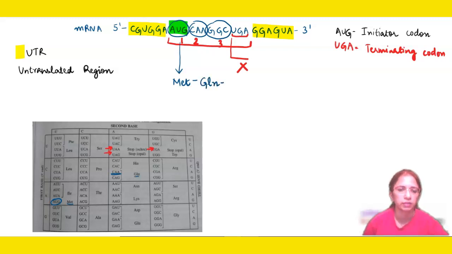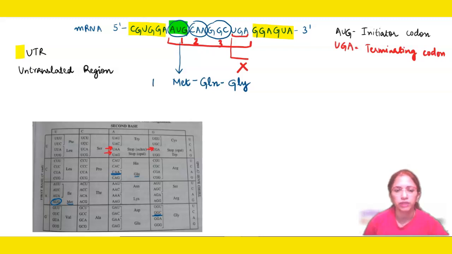Okay, so our second amino acid will become glutamine. The third codon is GGC. Now our job is to find GGC, and here I have found it for you, and it is coding for glycine. That means with the given messenger RNA sequence, a polypeptide will be formed which will contain 3 amino acids.